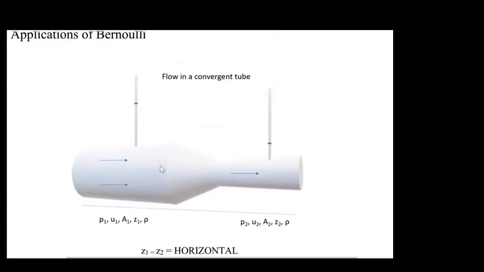Now area 1 is clearly bigger than area 2. So if area 1 is bigger than area 2, velocity at 2 must be bigger than the velocity at 1. So we've got an increase in kinetic energy. Velocity at 2 is bigger than the velocity at 1, so a half rho u2 squared is greater than a half rho u1 squared.